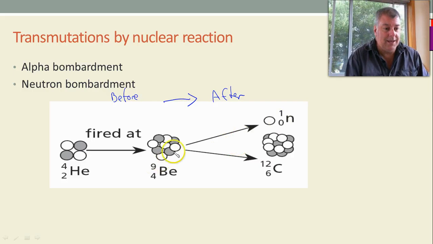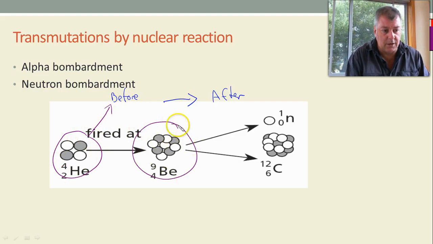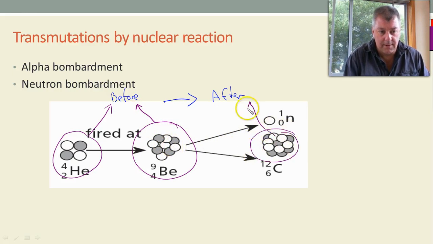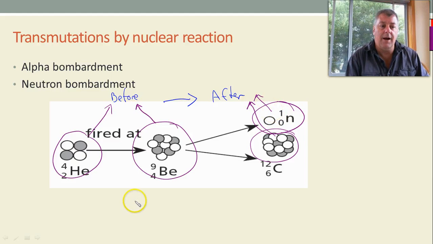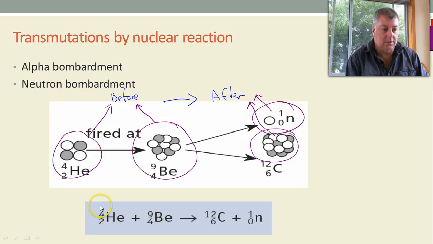Well, this is a before, so it's got to go there. This was here because it's got to be there to be hit, so that's got to go there. And then if these guys are the before, the carbon and the neutron are the after. And if we put that into an equation, we get this.